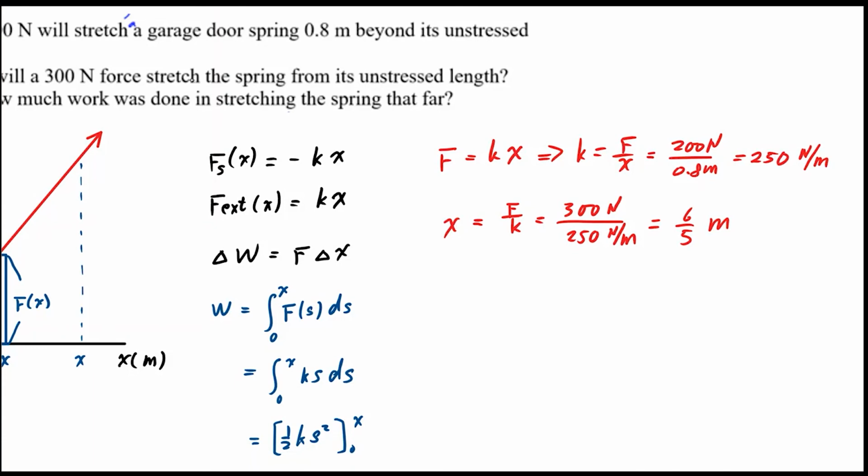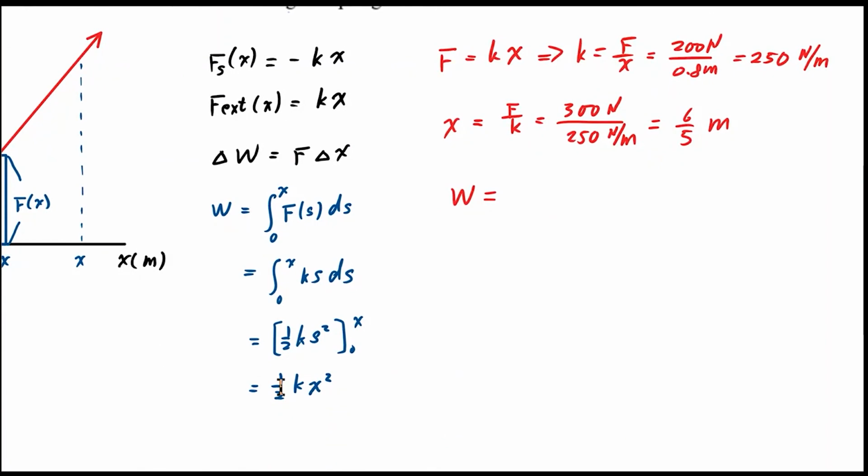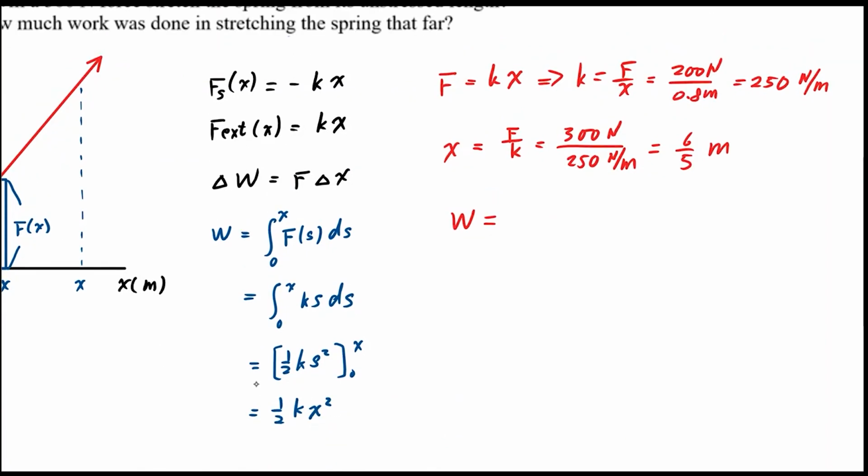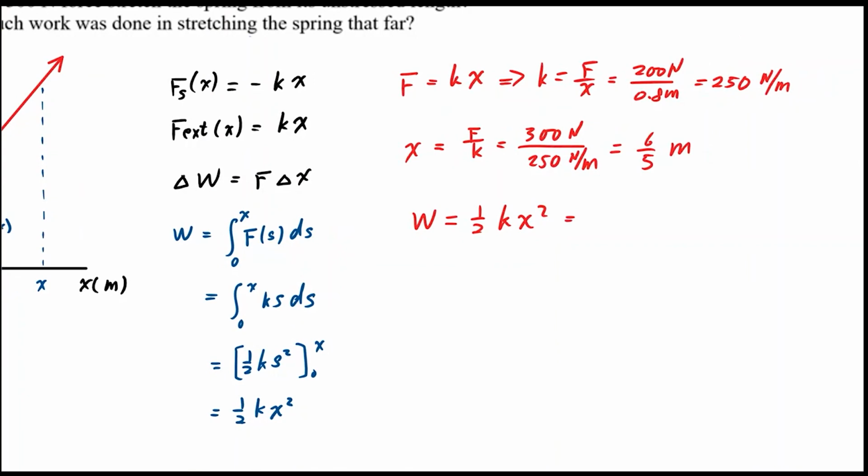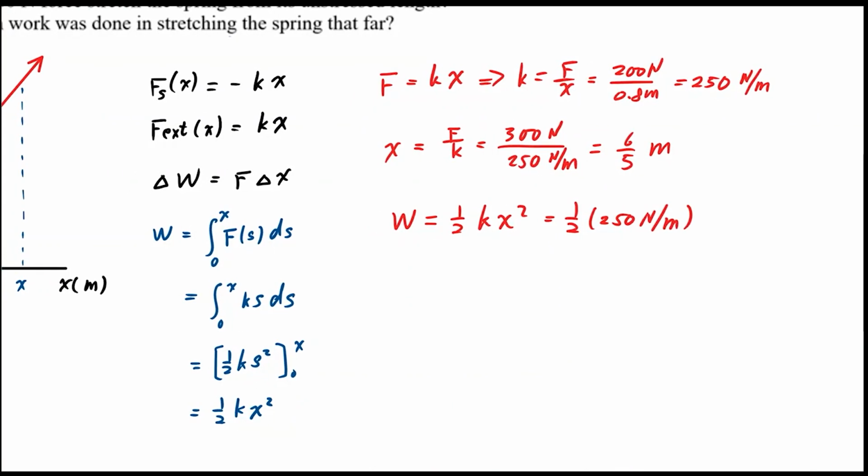Okay, are you with me? And then the work that is required. We can integrate it, but why don't we recycle the work that we already have done here, okay? So work is 1/2 kx squared, you get it? So that is equal to 1/2 times 250 Newton per meter, and times our x, which is 6/5.